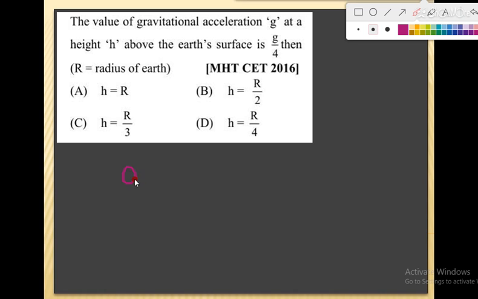If we go h height above the earth's surface, then g dash is equal to g by (1 plus h by R) whole square. So this relation we have to use, and the value of g dash is equal to g by 4.